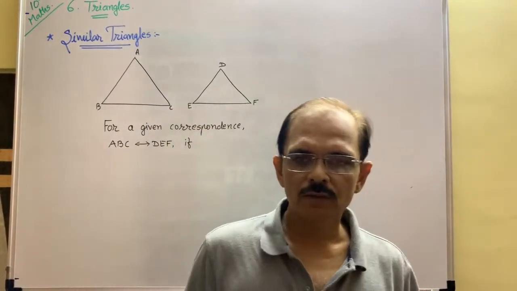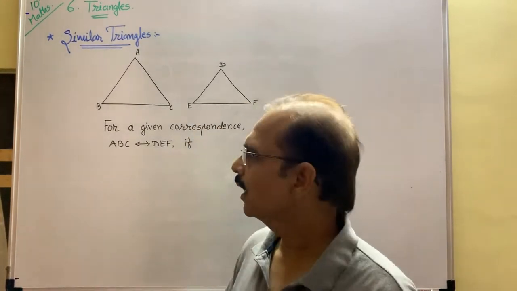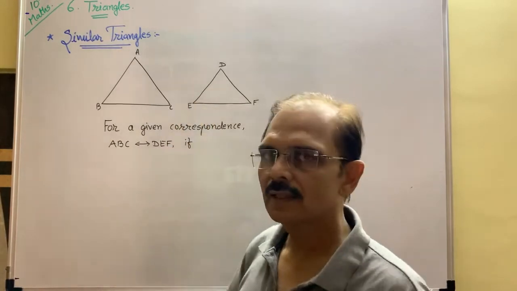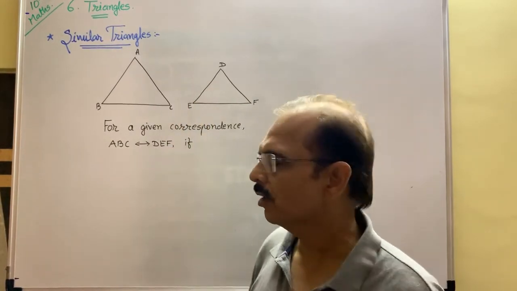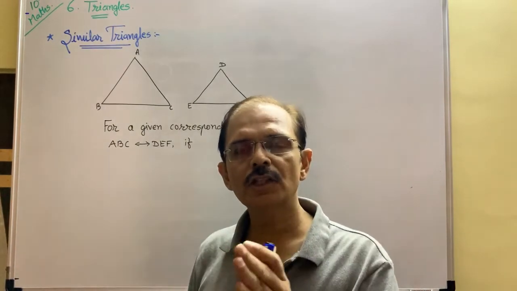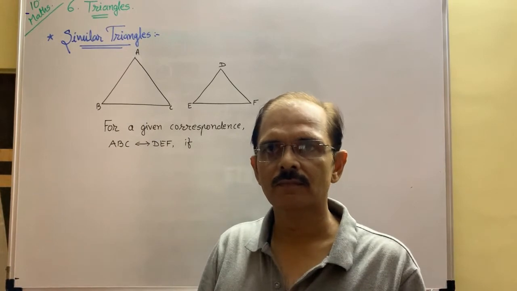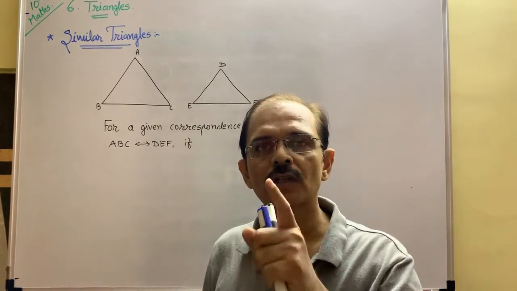see, according to the definition of similar figure, you know that shapes are same but their sizes are different, so we cannot say that AB and DE are same. There is a relationship between AB and DE. They are not same but their ratios are same.